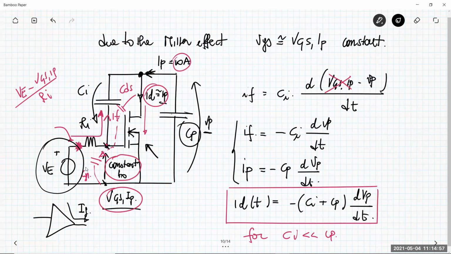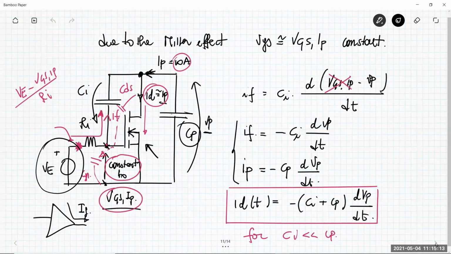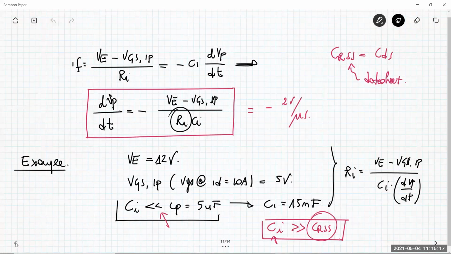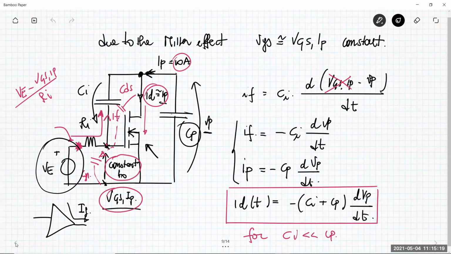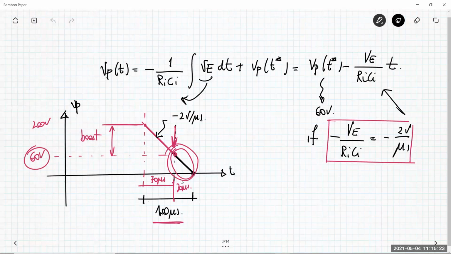This time interval is called T on for the turn on, or T off for when you are turning off your transistor. What happens when, in my application here, the turn on of the MOSFET is a large fraction of the overall 30 microseconds?